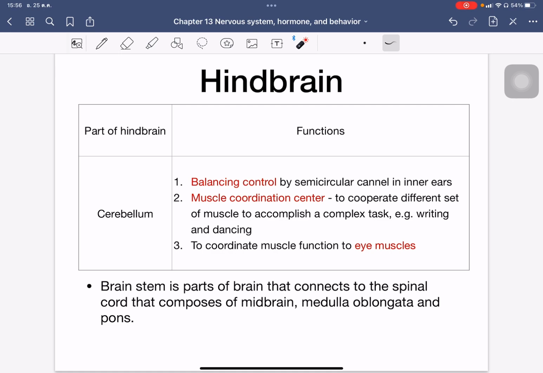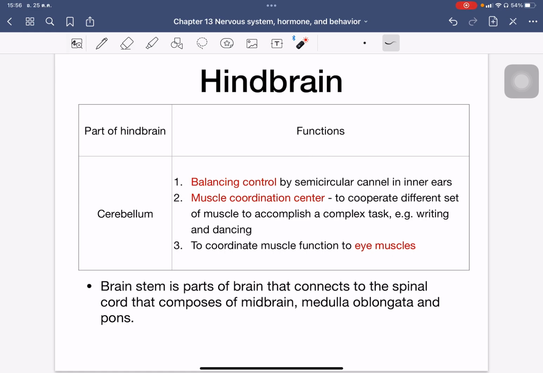Just like when you walk, you need the muscles from the leg, at least two pairs of muscles, to perform the walking process. So this is the function of the cerebellum.